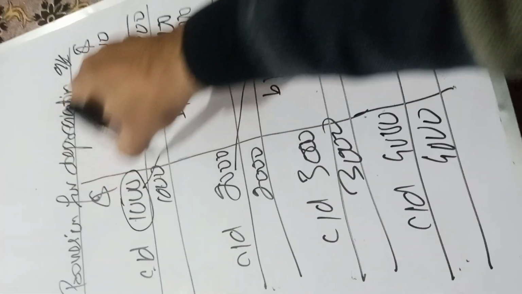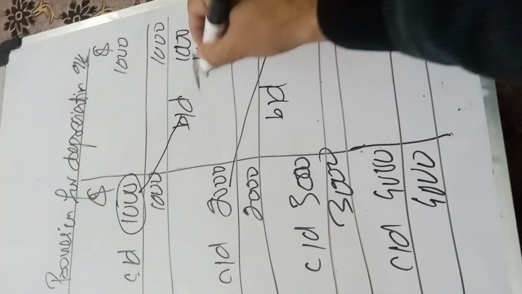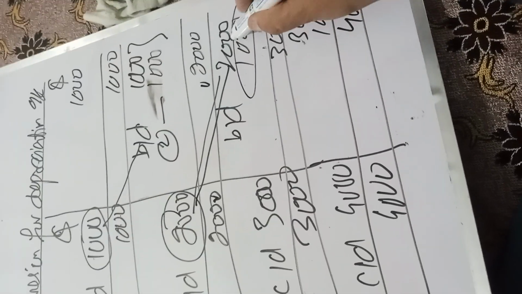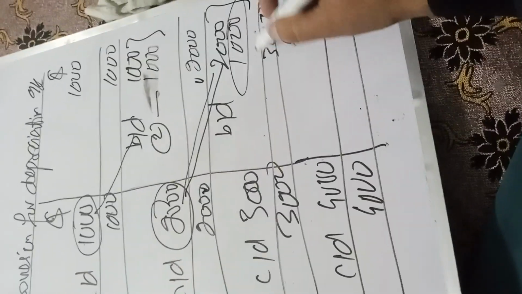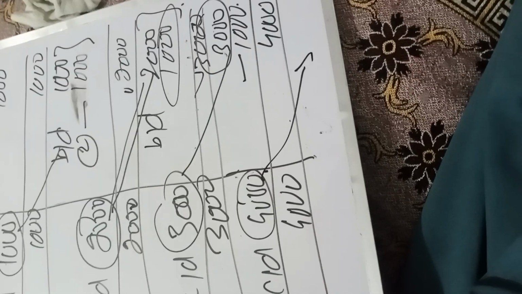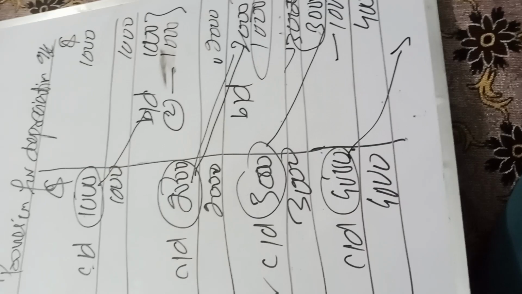The provision will be forwarded to the next year and charged, and then balance carried on 2000. Bring the balance carried on to the next year and charge depreciation for the third year and accumulate it, and 3000 balance carried on is 3000. You will BD next year and charge the next year's provision, and the total will be the balance carried on 4000, and same like 4000 will be BD and 1000 you will charge next year, and 5000 will be the BD. This is the provision for depreciation.